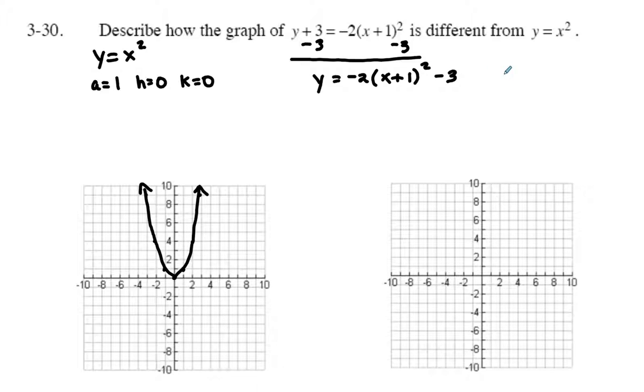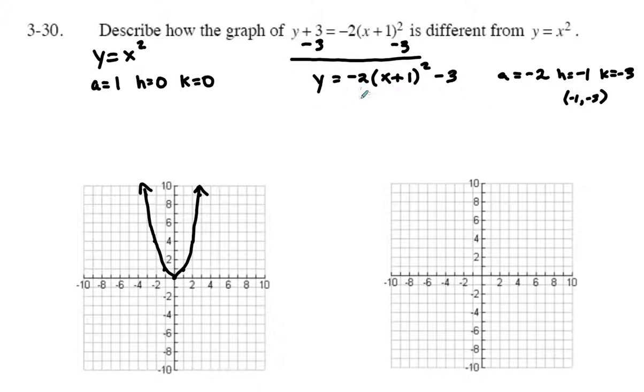So our stretch factor here, A, would be -2. H would be -1, and K would be -3. So our locator point in this one is the point -1, -3, which means this graph here, how is it different?